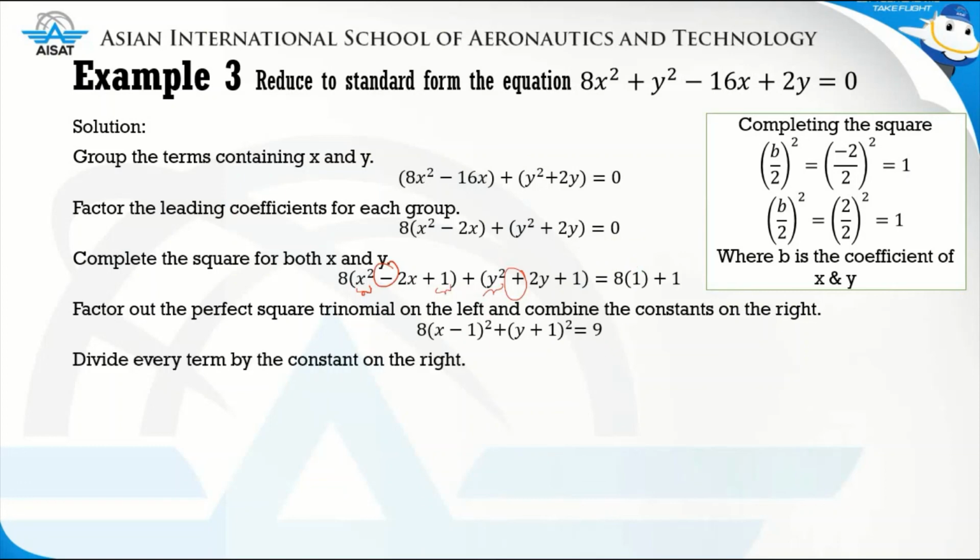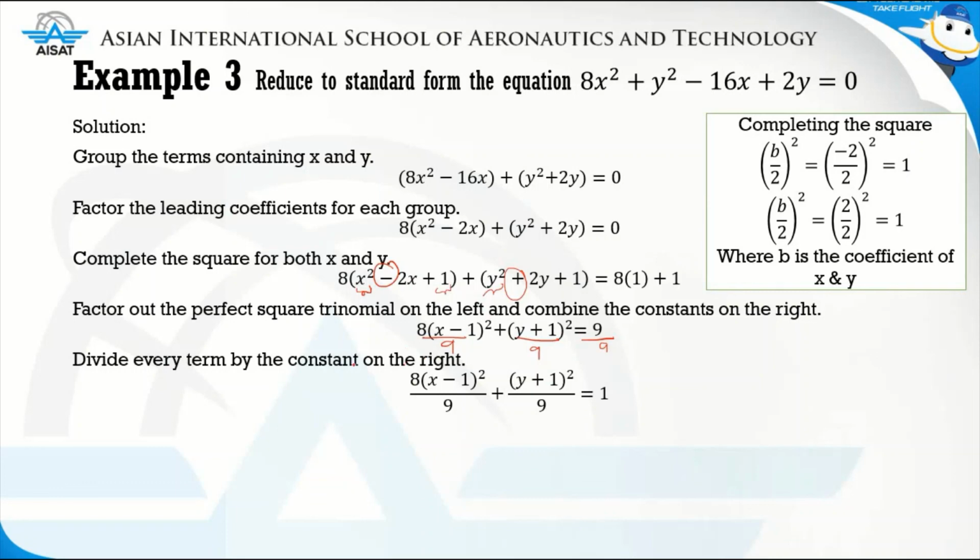So we're almost done. The next step is divide every term by the constant on the right. So you have to divide everything by 9. And that will give you 8 times (x minus 1) quantity squared over 9 plus (y plus 1) quantity squared over 9 is equal to 1. So again, we don't want any constant on our numerator.